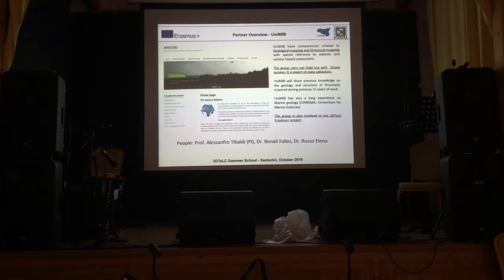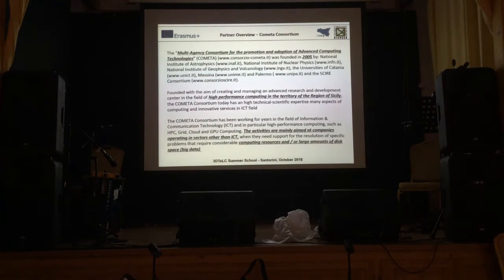And the other partner, as I said, was the Consortium Cometa, an agency that we founded together with the National Institute of Geophysics and Volcanology in Italy, with INAF and the Free University in Sicily.